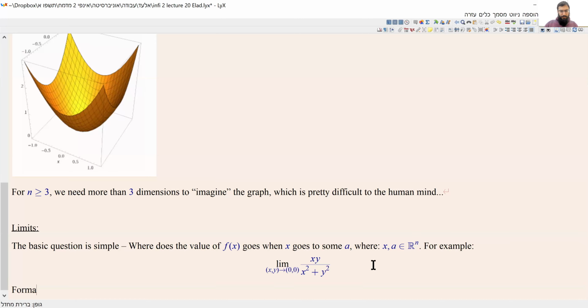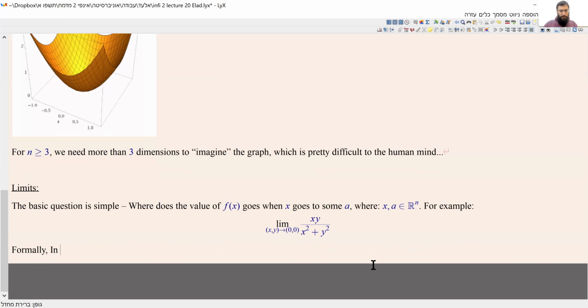Formally, in order to define the concept of limit, we first need to have a concept of distance. x is getting closer to a, the value of f is getting closer to some value, but the value of f is a value in R, because our functions are from Rn to R. But a and x are vectors in Rn.